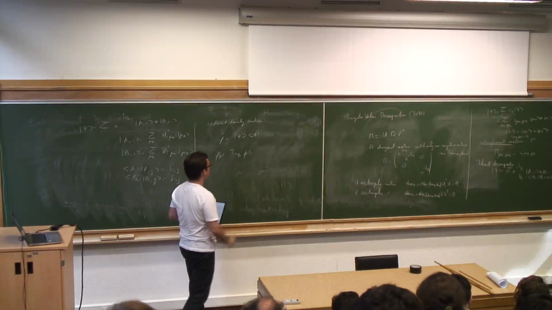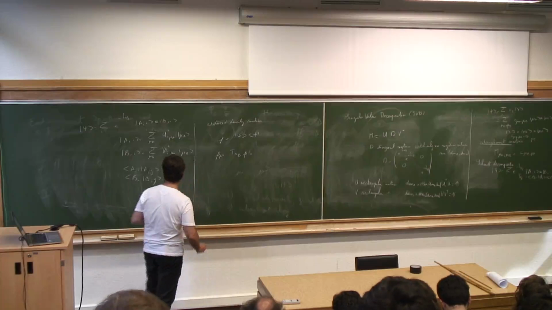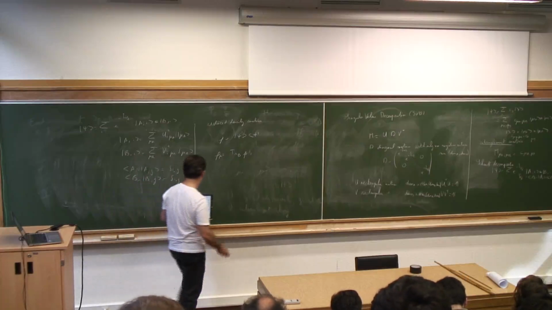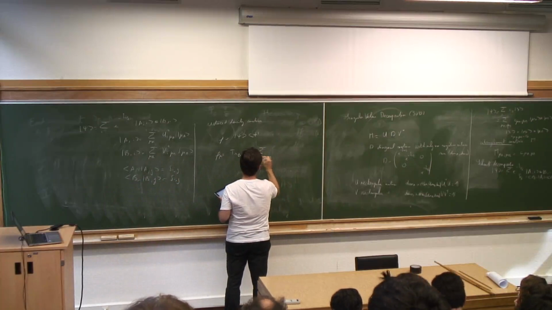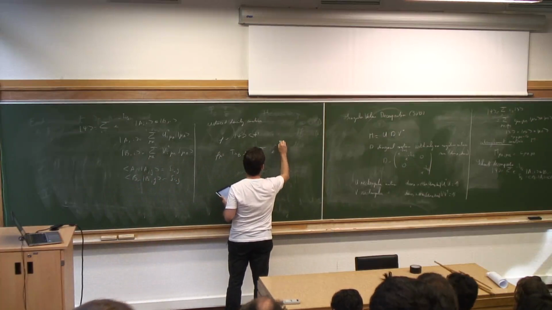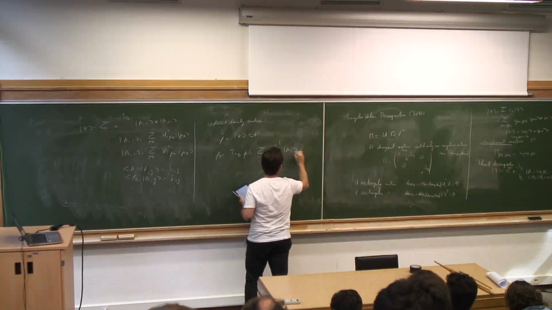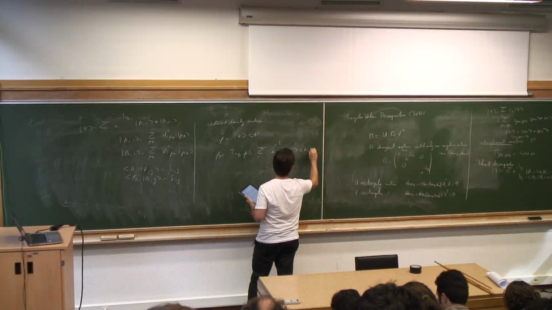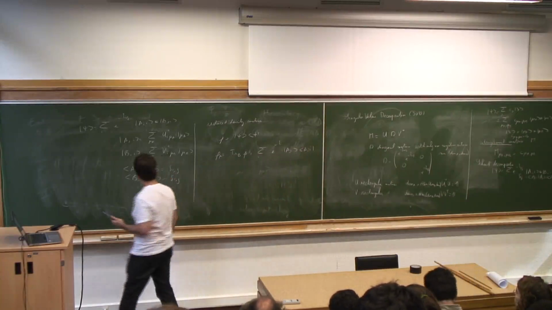So I can use the Schmidt decomposition actually to get the expression of rho A using these vectors A_i.